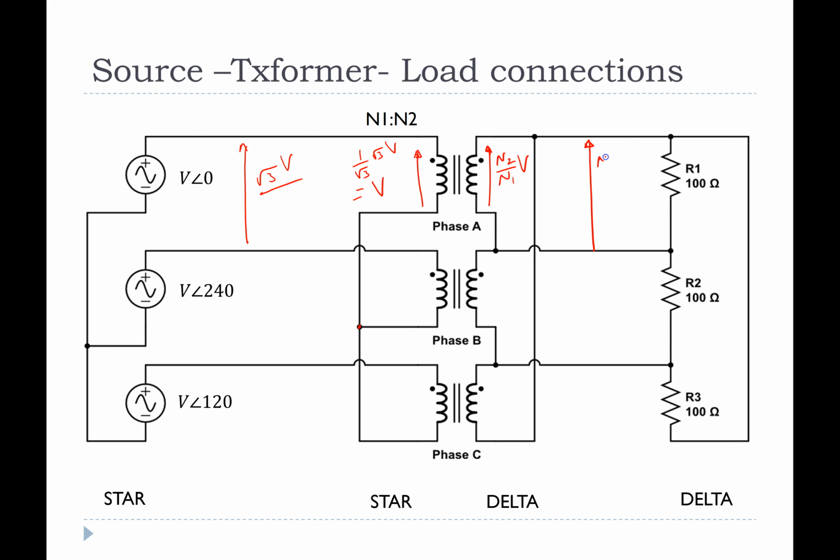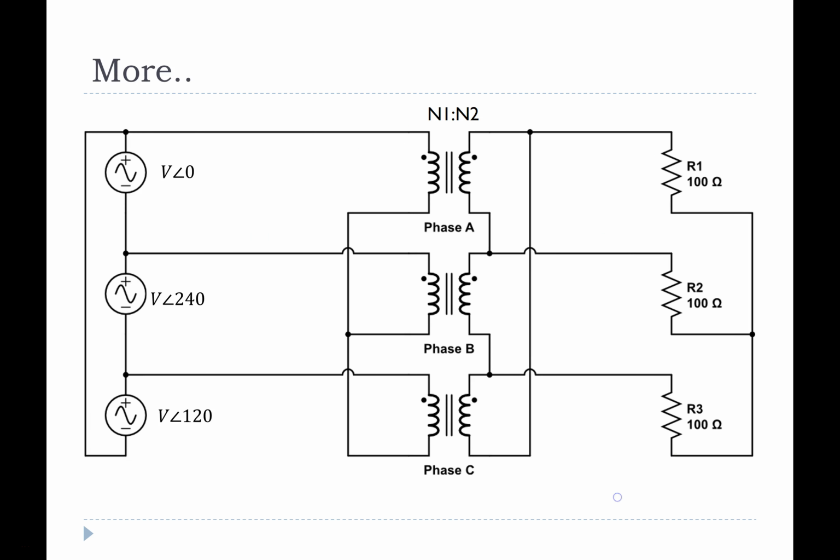So I have N2 on N1 V, and this is delta here, the load. And again, for a delta, the line voltage and the phase voltage are the same. So I have N2 on N1 V across the resistor. So this is how we track the voltages across.